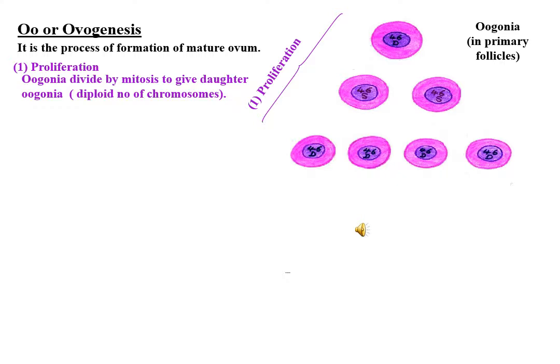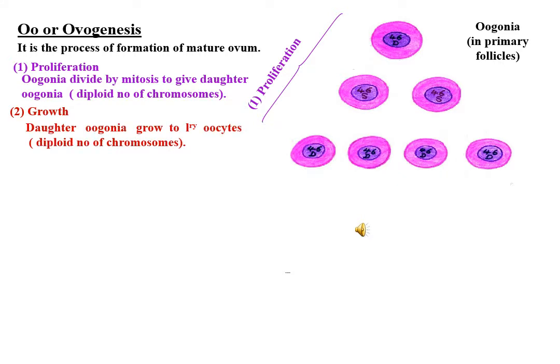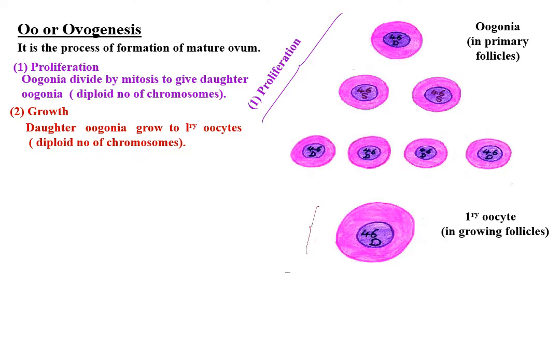This occurs in primary follicles. Growth: daughter oogonia grow to primary oocytes, still having diploid number of chromosomes in growing follicles, and remain in arrested prophase stage of first meiotic division in childhood till puberty.